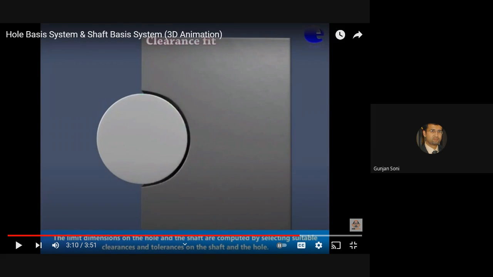Generally the major part on which we have to screw something is the main part of the assembly, and we screw some things on that major part, like the accessories around it. So that's why it is difficult to design on shaft basis. It is generally preferred on hole basis.